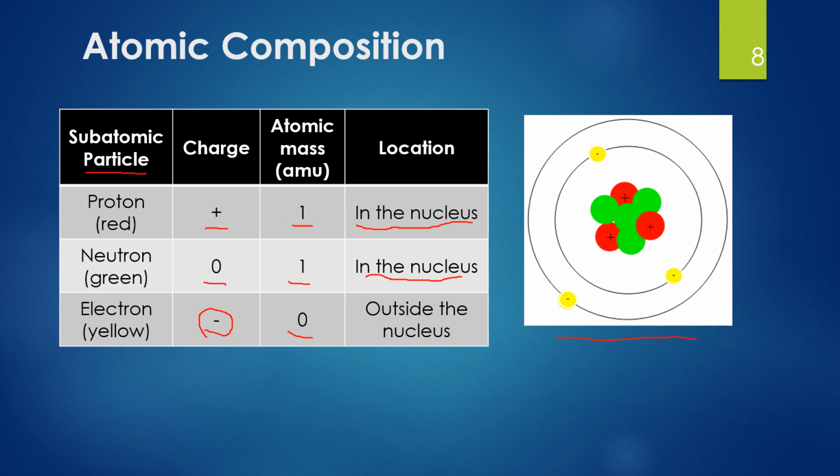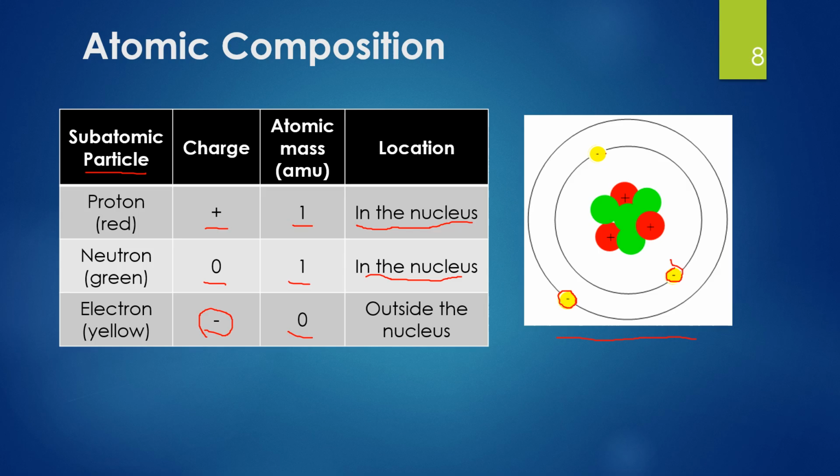But its mass is so small that it's negligible, so we just round it to 0. Now, the electron is the only one of the 3 subatomic particles that is not present in the nucleus. You can see these yellow spheres surrounding the nucleus. So the electrons actually orbit the nucleus.